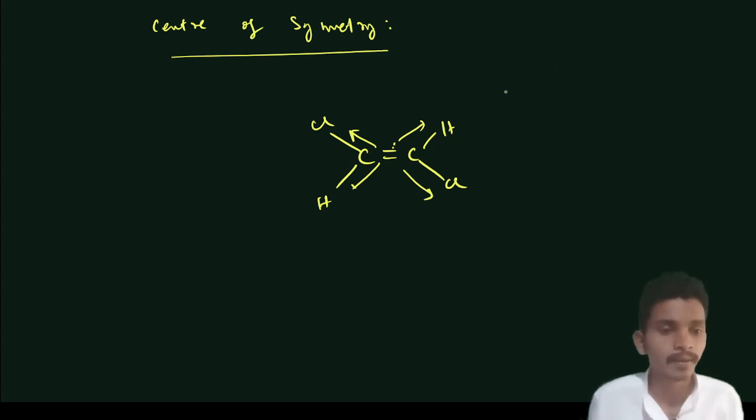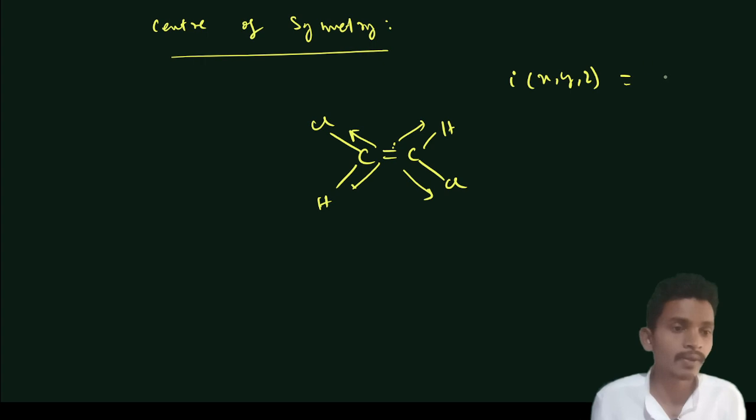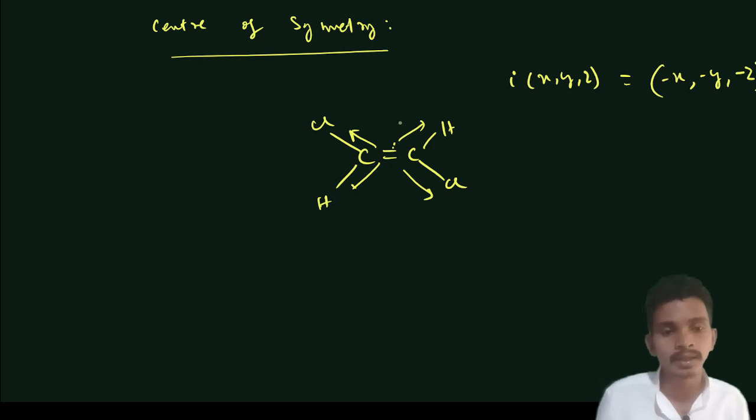Let's say if I apply it to x, y, z, then everything will change, so it becomes minus x, minus y, and minus z, because the inversion inverts all the coordinates.